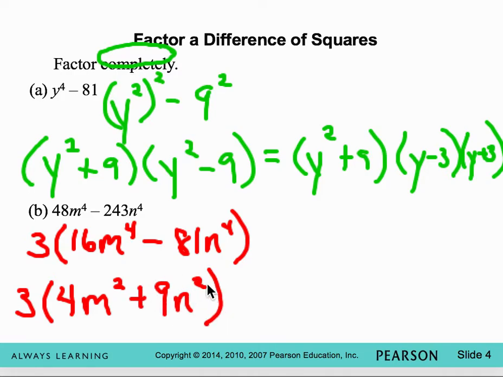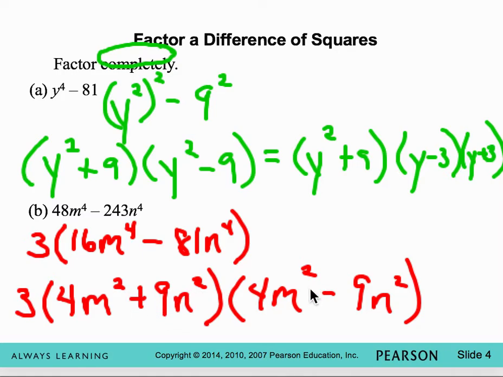One gets a plus, one gets a minus. Hey, I still got exponents bigger than 1. I got to keep trying to factor this thing. This won't factor anymore. So the 3 stays and this stays.